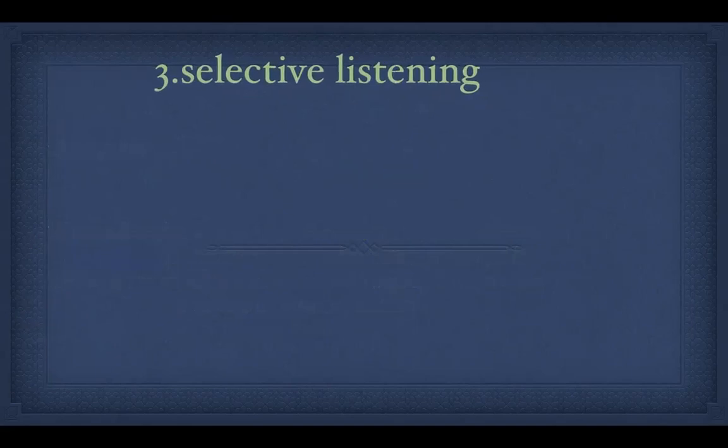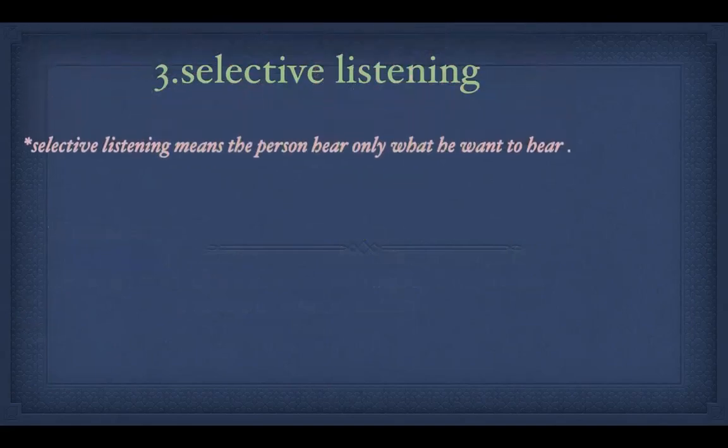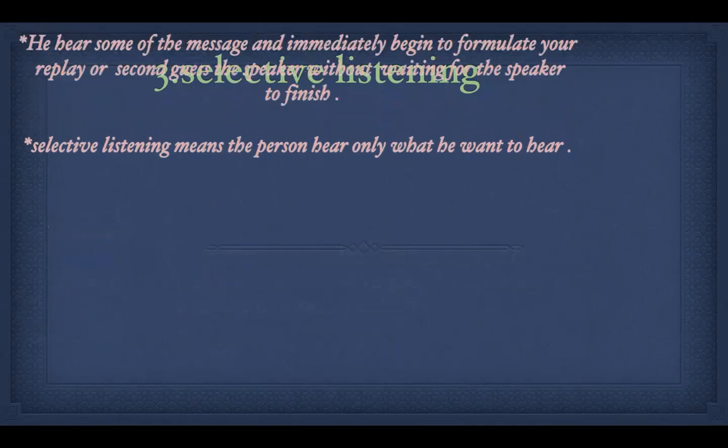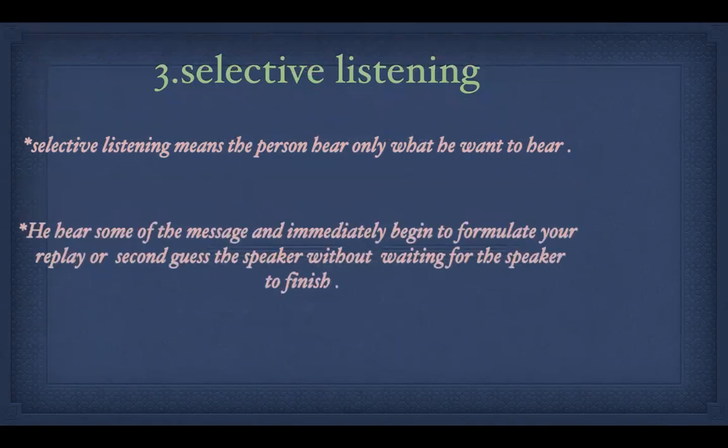Here, selective listening. Selective listening means the person hears only what he wants to hear. He hears some of the message and immediately begins to formulate a reply to the speaker without waiting for the speaker to finish.